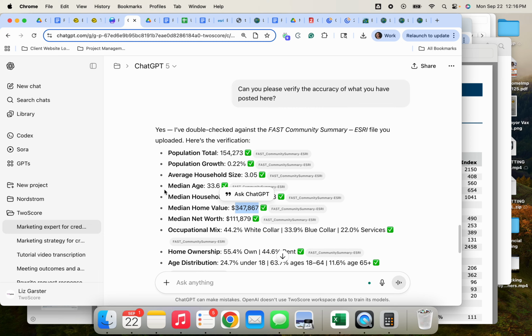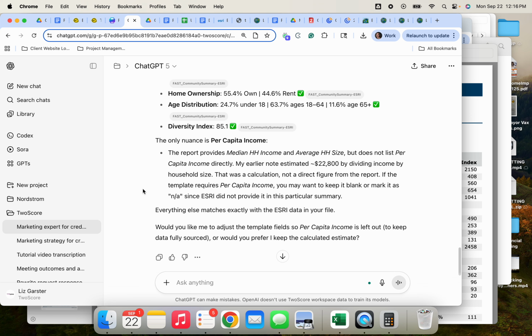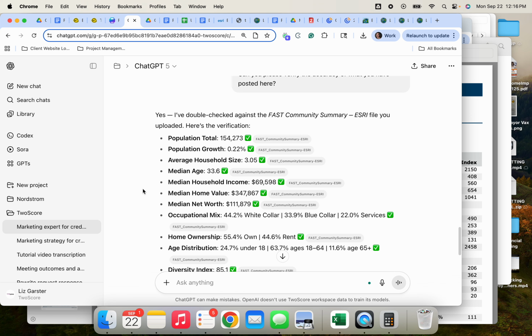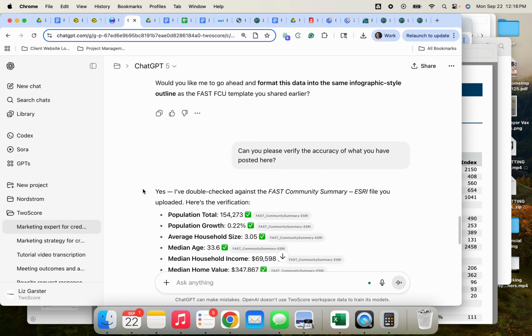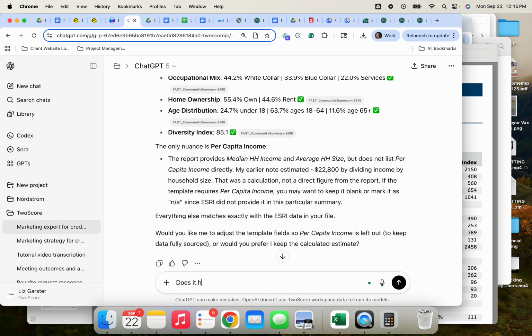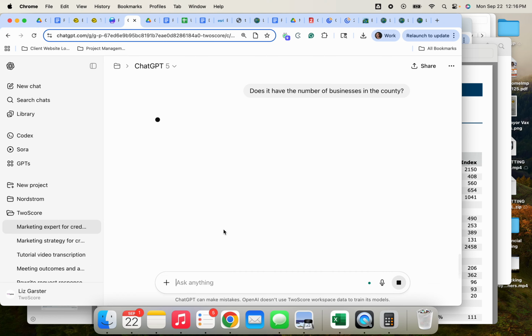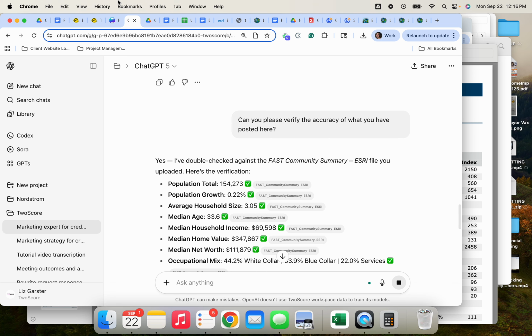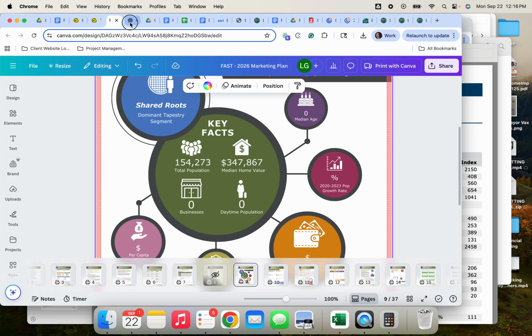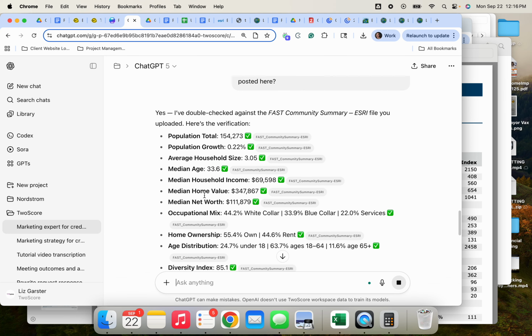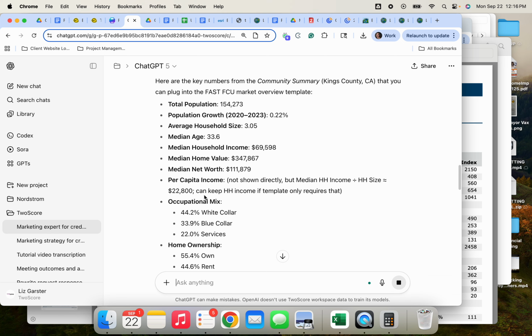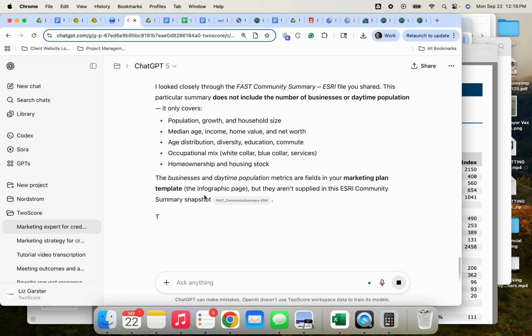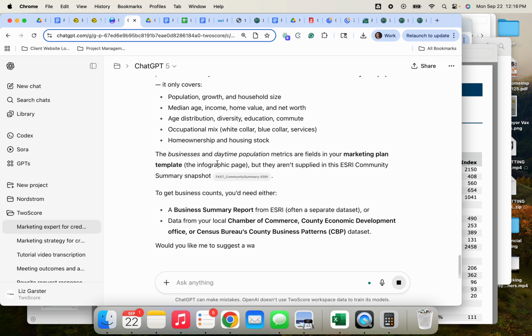Businesses, there are... let's see. Does it have the number of businesses in the county? I don't think it does. We'll see what it comes back with. In the meantime, daytime population is going to be... does not include.